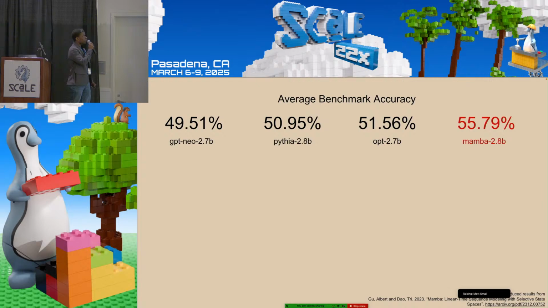So let's take a look at how Mamba compares to transformers in terms of speed and accuracy. I performed a series of benchmarks of Mamba and other transformers of similar sizes and complexity. I ran it against several benchmarks that measure common sense reasoning, inference, and text comprehension capabilities.